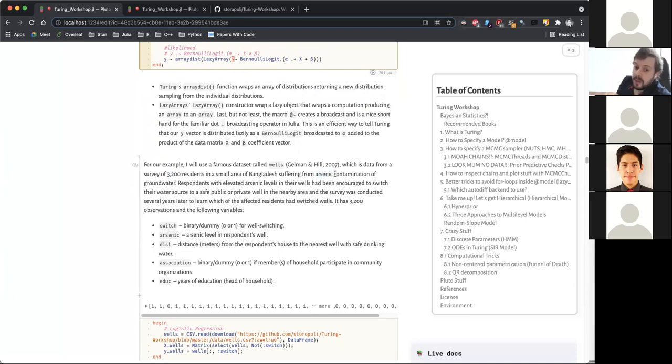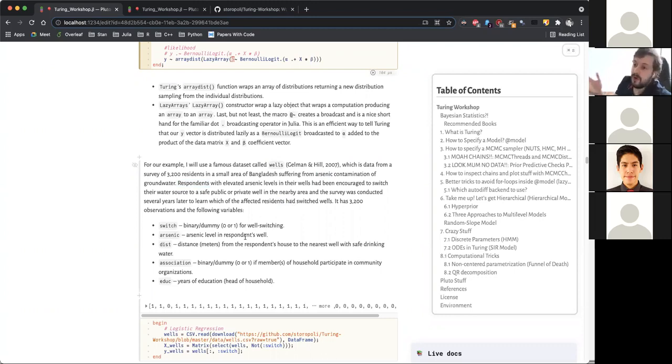There is arsenic contamination. Arsenic is something not so good to have in your water supply. It's highly toxic, and then they assessed whether respondents changed, switched wells, according to some parameters.